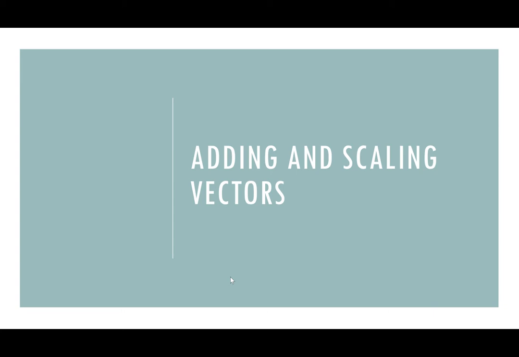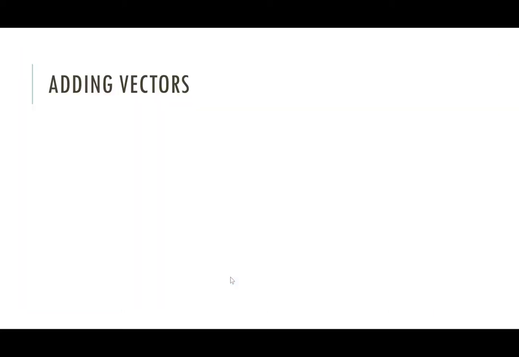Okay, let's talk about adding and scaling vectors, which I actually think is kind of interesting. So, adding vectors. In the algebra sense, it's pretty straightforward. You just add the components.